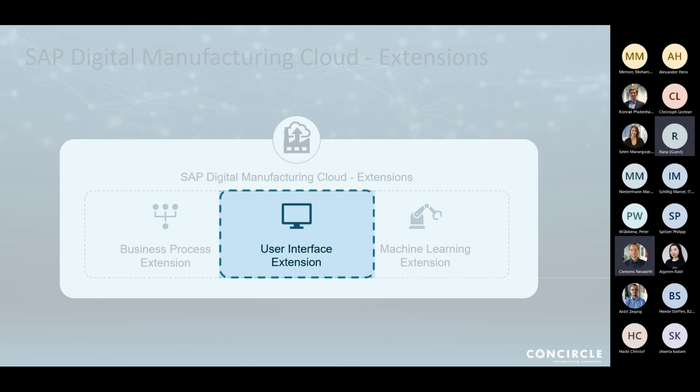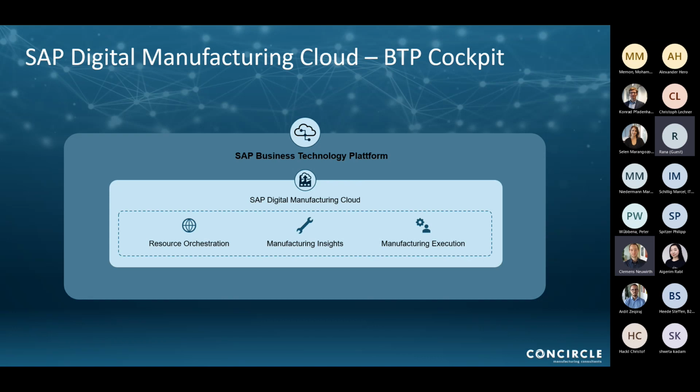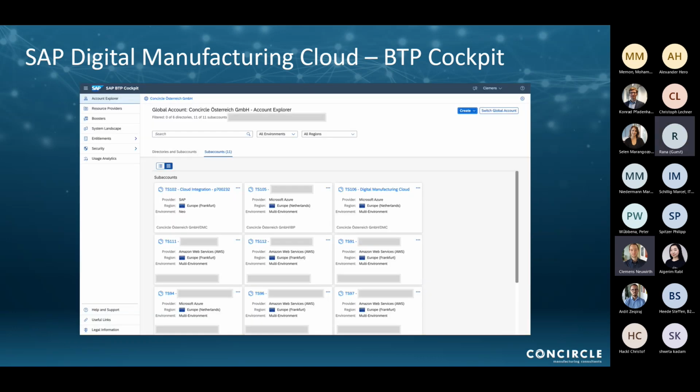I mentioned this before. So 2 or 3 sentences to the BTP, the business technology platform. It's the central point of entry to the cloud platform. And there you can access your different applications and accounts like the DMC, and manage all your activities associated with them. And to give you an idea how this BTP cockpit looks like, I have here a screenshot of our BTP.